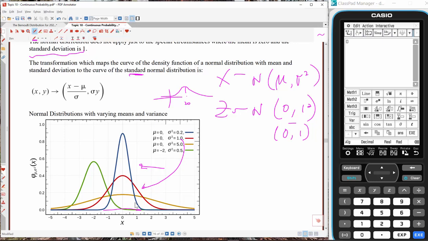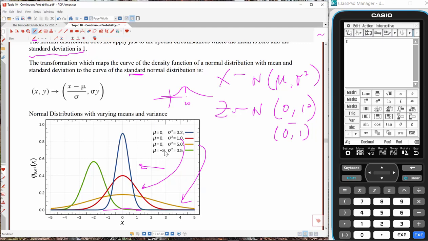That means the results are more spread about the mean. We've got another one here, which is a mean of 0 and a variance of 5, or a standard deviation of roughly 2 point something, which is the yellow or brown function there. And it just spreads it even further.